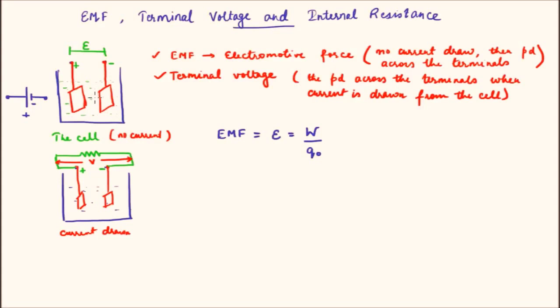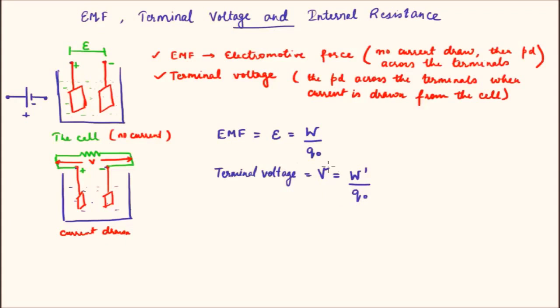Whereas for EMF, if it were to complete the whole circuit, then the amount of work would have been the EMF. So terminal voltage, in terms of work, capital V, let's say W dash work is required to be done for the positive charge to move from here to here, then V is W dash upon Q naught. Fine.